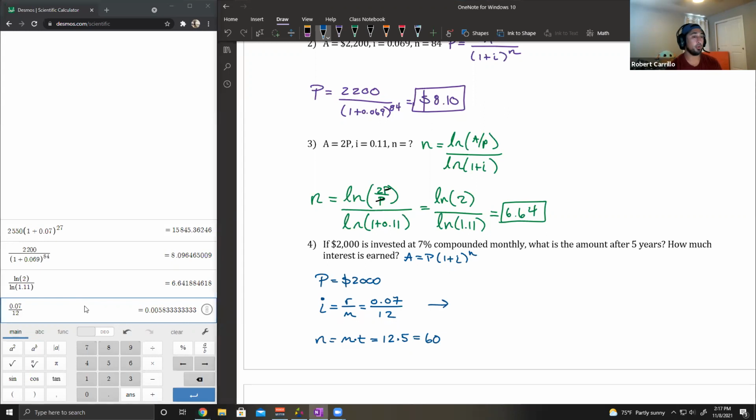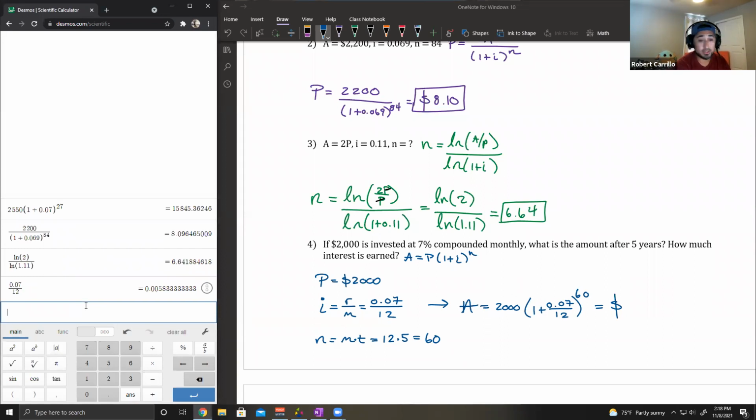Now plug it into the formula. A equals P, 2,000 times 1 plus i, 0.07 over 12, all raised to the 60th. Now let's see how much money we're going to have after 5 years.